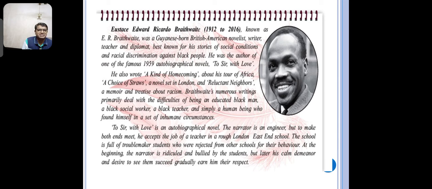So he has written these kinds of things also. Braithwaite's numerous writings primarily deal with the difficulties of being an educated black man, a black social worker, a black teacher, and simply a human being who found himself in a set of enhanced circumstances.